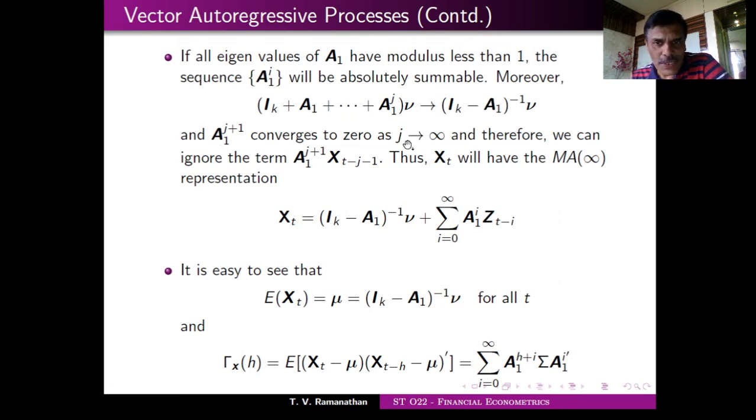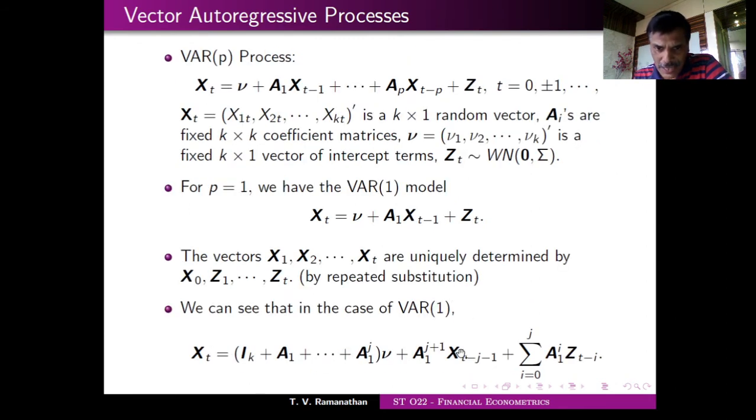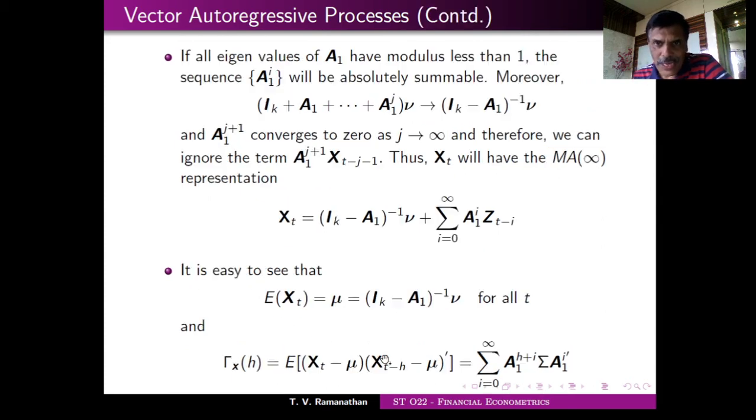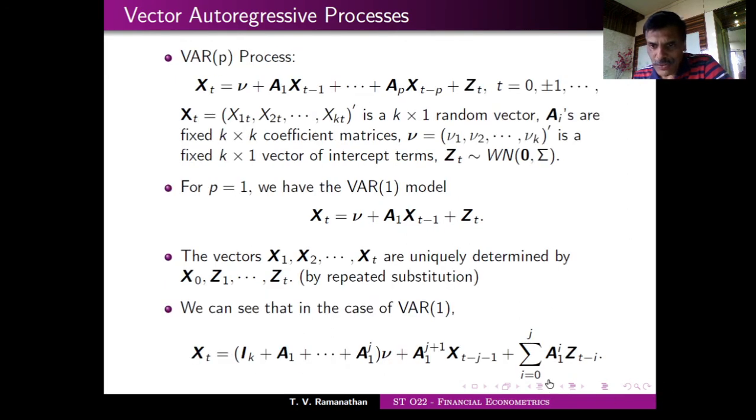So the second term we can ignore because this goes to 0. The first term goes to (I minus a1) to the power of minus 1 times nu. And the third term goes to the summation over i equal to 0 to infinity of a1 to the power of i z_{t-i}. The existence of the third term can be proved in mean square sense.